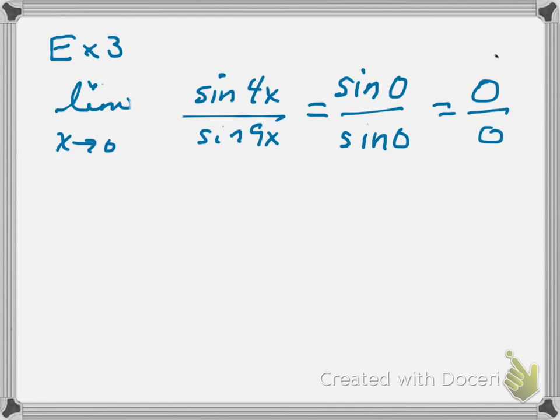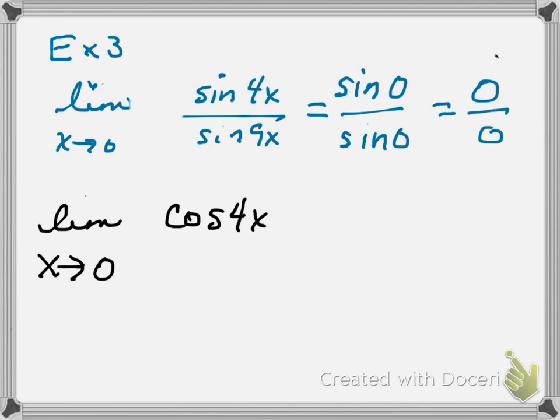And remember that the derivative of sine is cosine. So I have cosine of 4x, and I have to multiply by 4 because the derivative of that is 4. And in the denominator, the derivative of sine is still cosine, so I have cosine of 9x times 9.